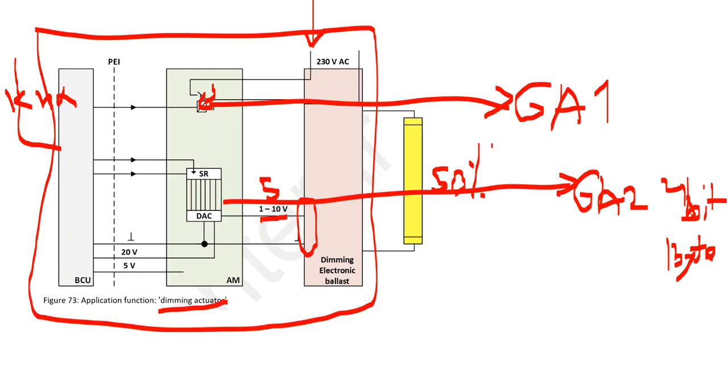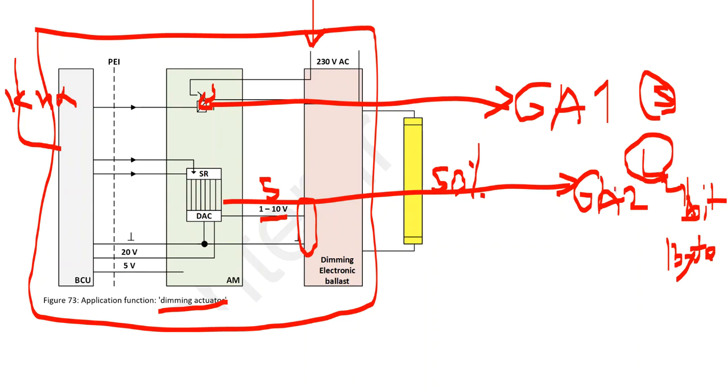Great. So now you understand two things. First of all, the operation standard of the dimmer. Second, the inside of the dimmer. So you see this group address 1 and group address 2. This group address 1 is going to be used for short operation, and this group address 2 is going to be used for long operation.